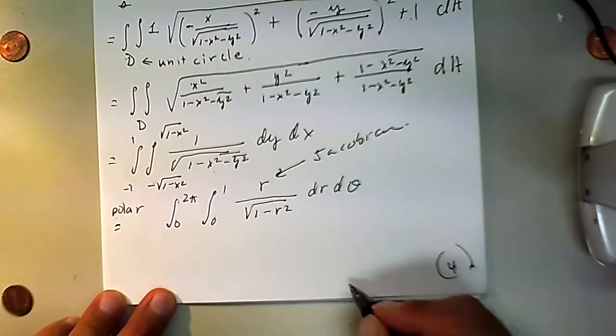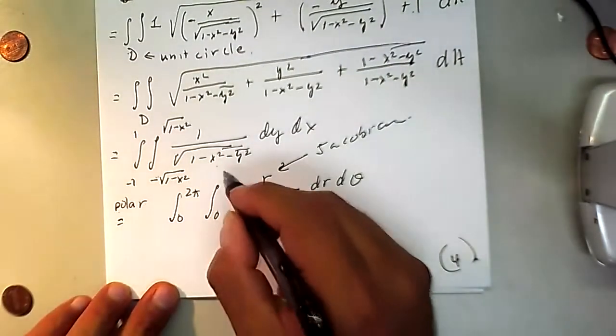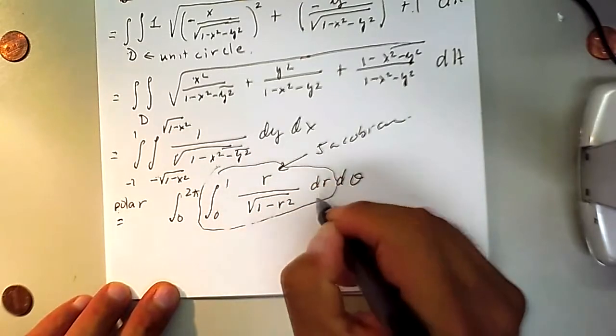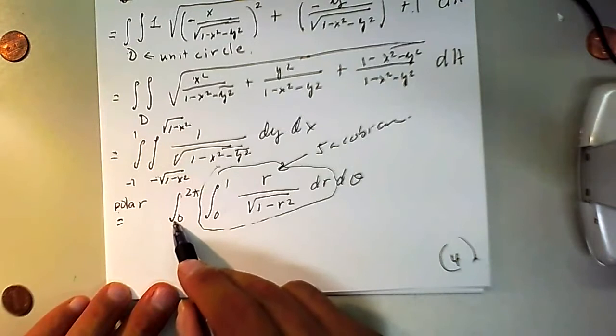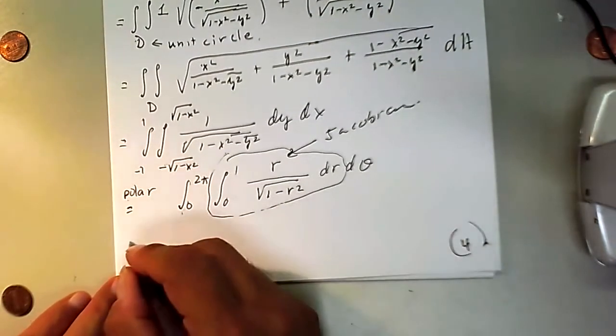So because we're changing into polar coordinates, this integral has nothing to do with theta, so I might just as well factor it out. So we end up with the integral of 2 from 0 to 2 pi d theta, which is going to give us 2 pi.